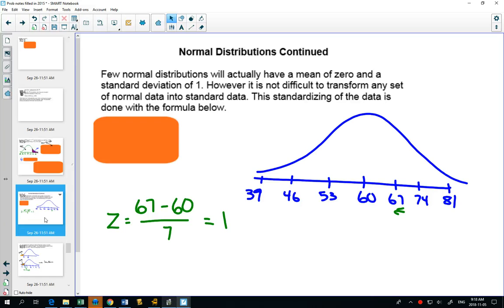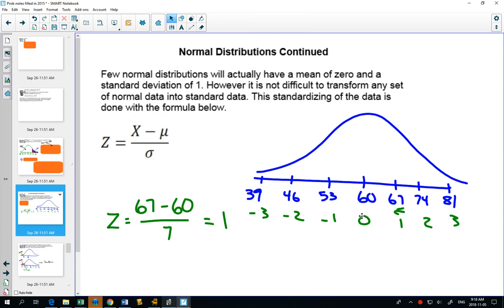So any set of data that you have, you could transfer it to this. And you can transfer it using this formula, which gets you z-scores, and the z-scores are just how many standard deviations above and below the mean you are.